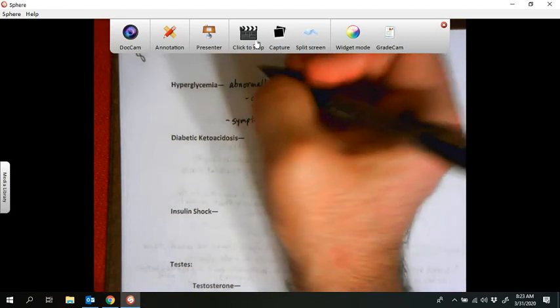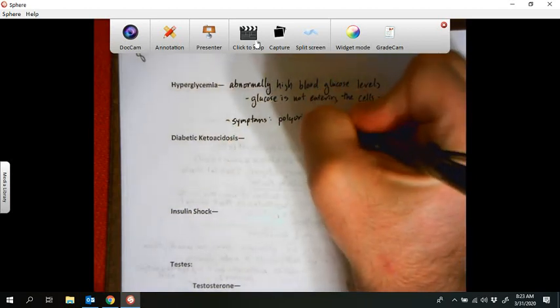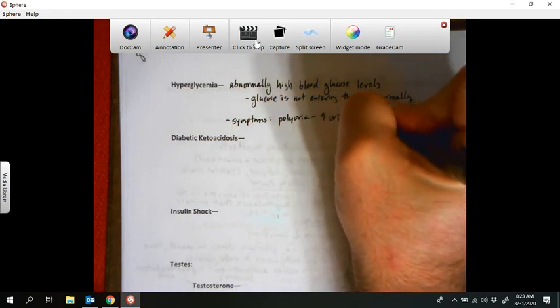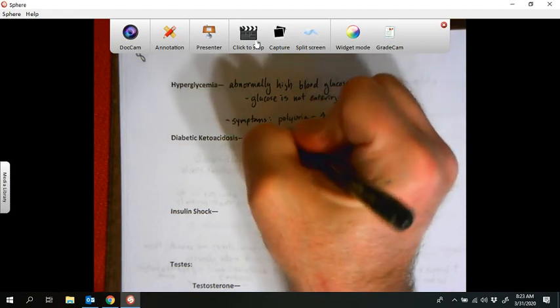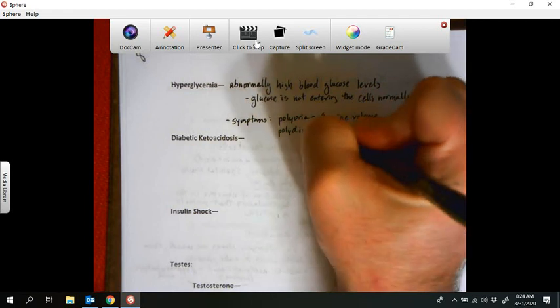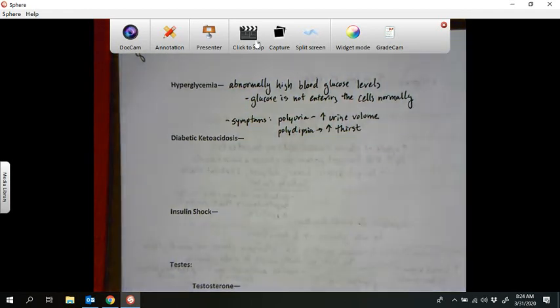The symptoms are polyuria, which is an increase in urine volume, and polydipsia, which is increase in thirst. So one way of determining this is testing urine for glucose levels, because if we have too much glucose in our body, we can excrete that through our urine.